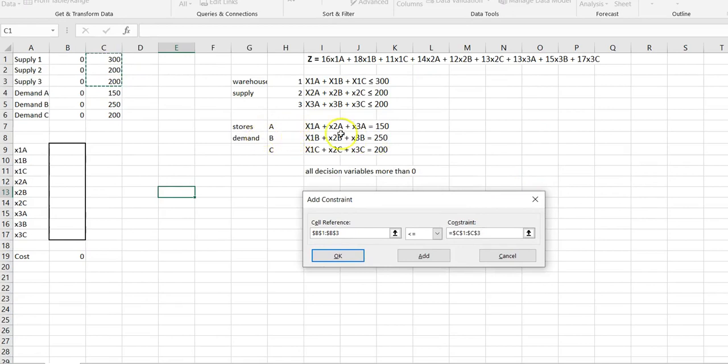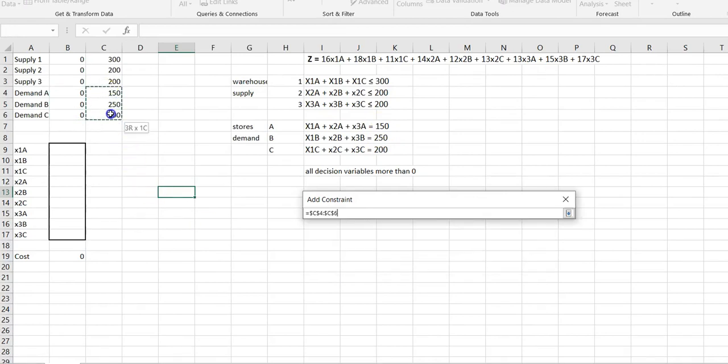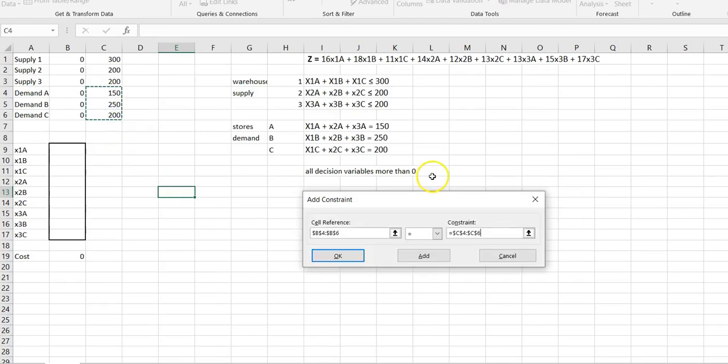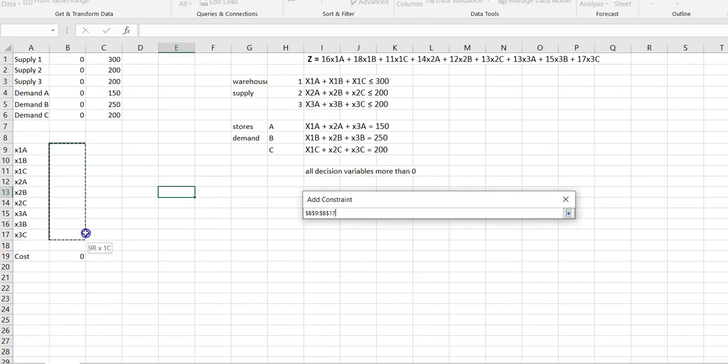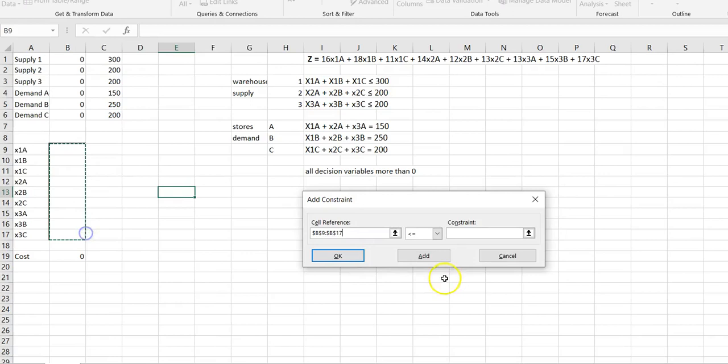Now the 3 stores are equal to, so the 4, 5, and 6 equal to 4, 5, and 6. And we need our decision variables greater than or equal to 0.